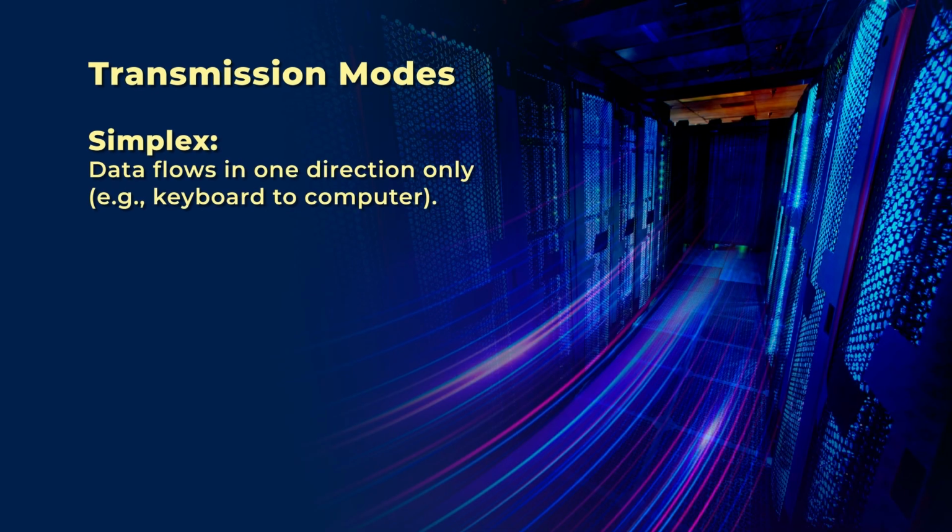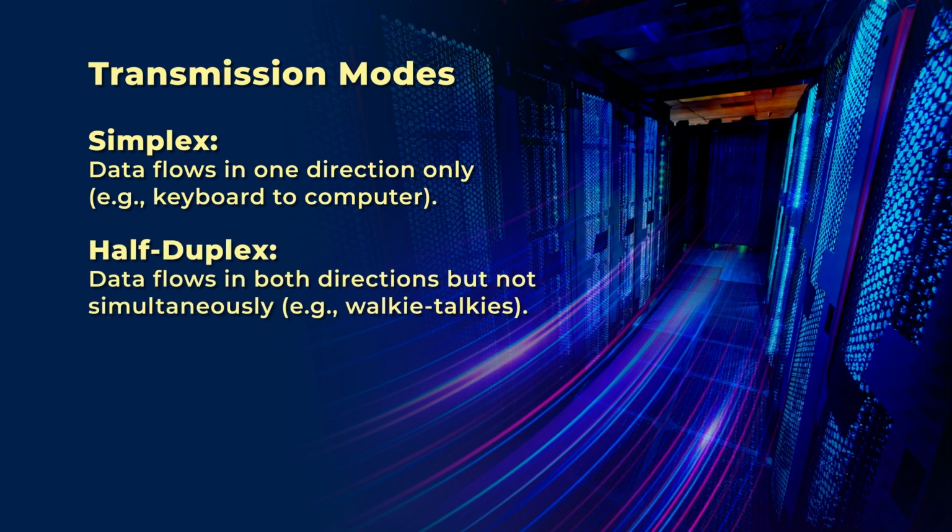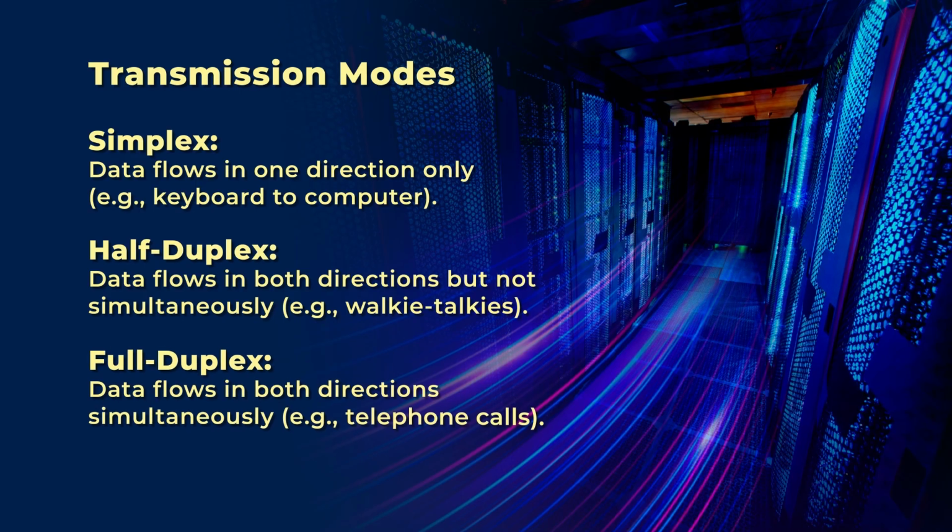Simplex. Data flows in one direction only, that is keyboard to computer. Half duplex. Data flows in both directions but not simultaneously. For example, walkie-talkie. Full duplex. Data flows in both directions simultaneously.